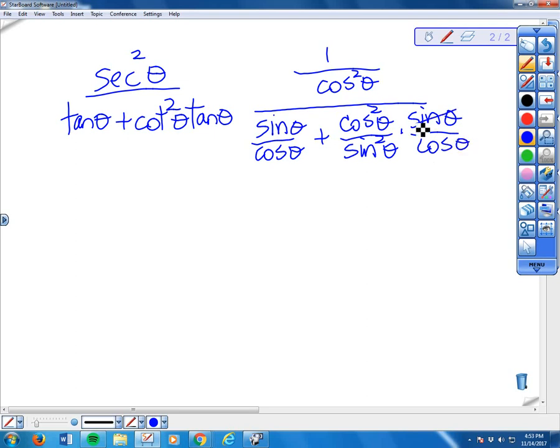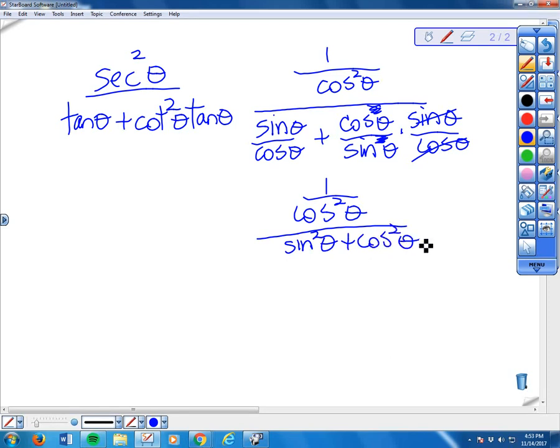So this is going to cancel with one of these. This will cancel with one of these. So I have cosine sine in the denominator. So I'm going to leave 1 over cosine squared theta for now. My denominator is cosine sine, so I'm going to have sine squared plus cosine squared all over sine cosine.